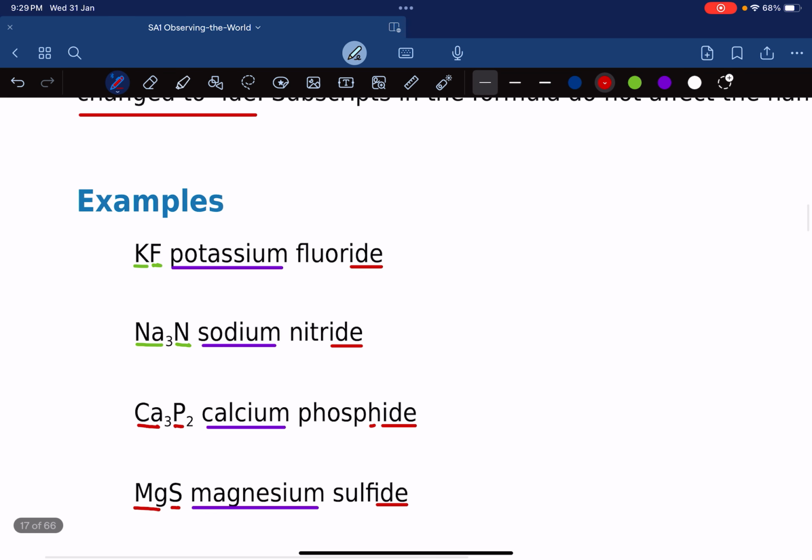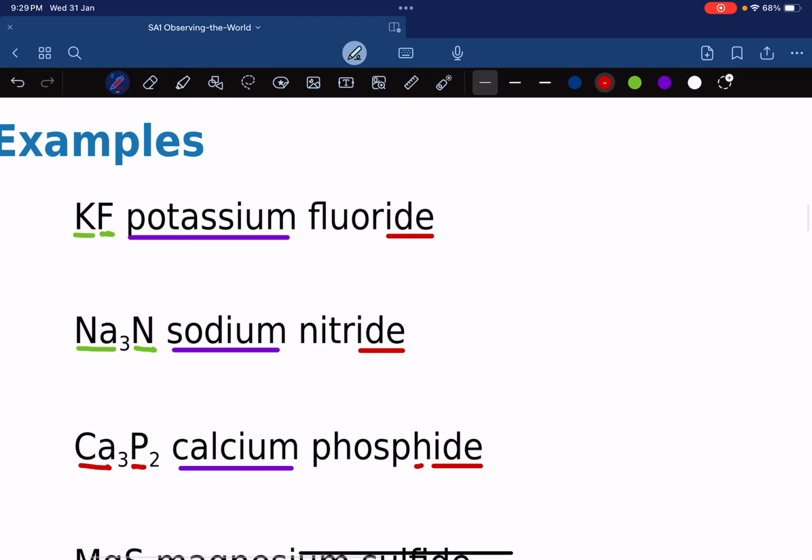and the second word is the name of the non-metal. If we look at potassium fluoride, we can separate it into potassium ion and fluoride ion.